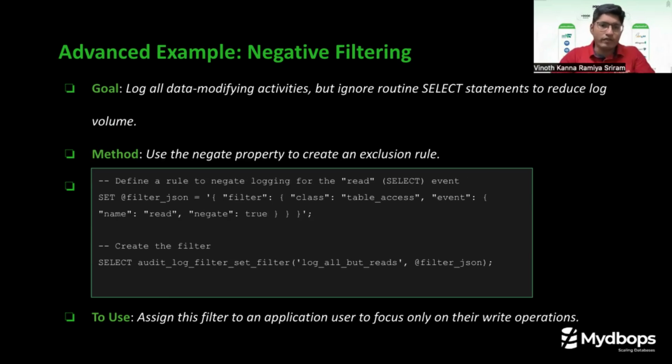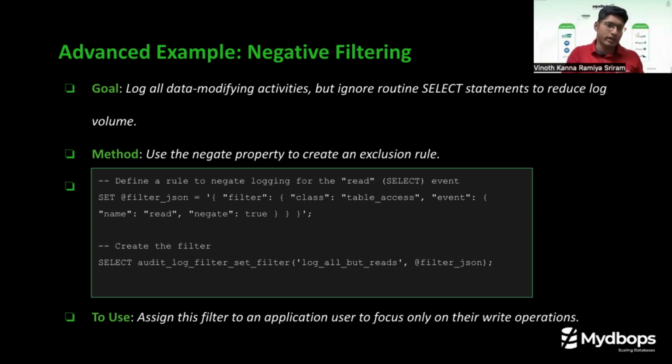And the second important feature I'm going to explain is negative filtering. So far we have discussed enabling certain things like enabling DDL, enabling DML, writes, reads, right? And we have also seen how we can enable failure-based logging. And this is negative filtering. What negative filtering means is, I can call a certain class like table access and say to only ignore read, which means it's inversely applicable.